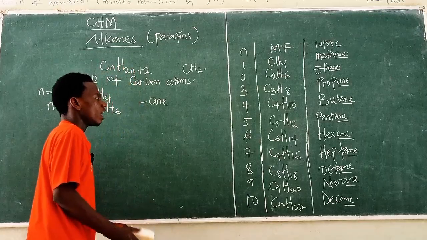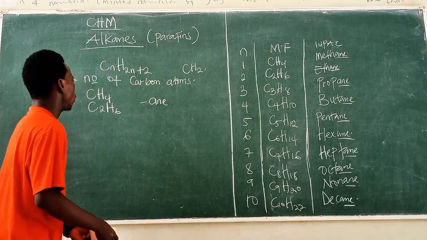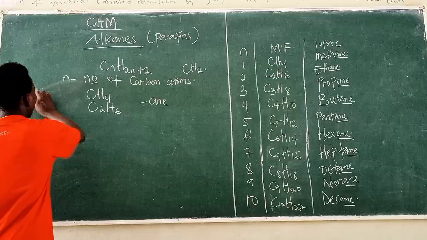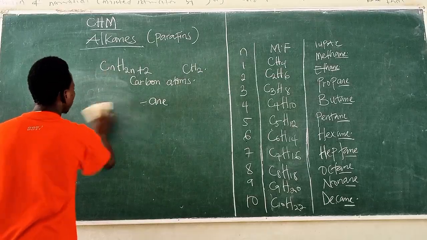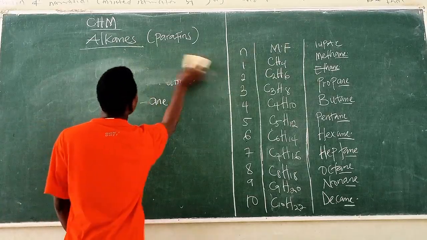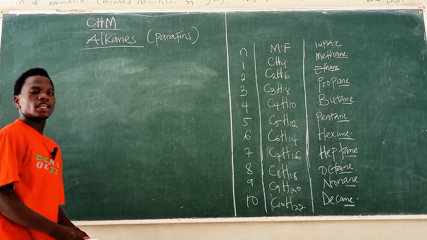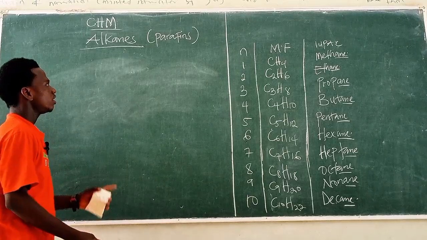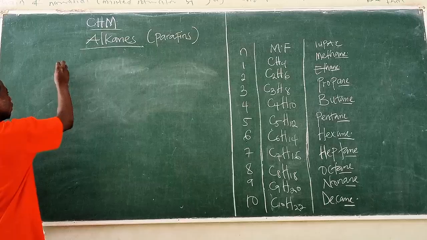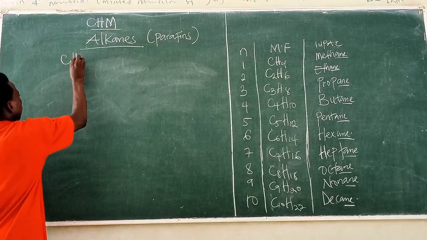Now, let's look at the structures of alkanes. Of all organic compounds, the simplest is methane.